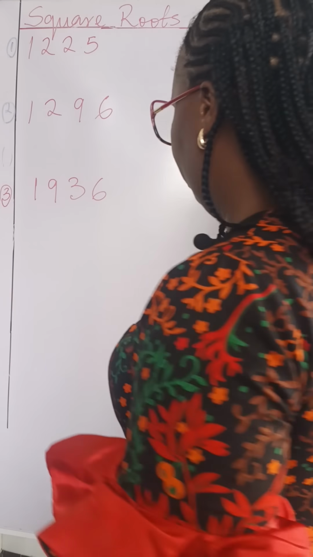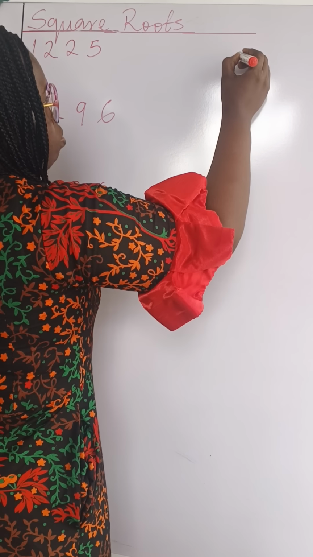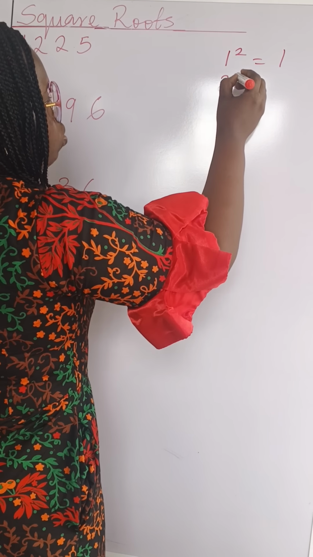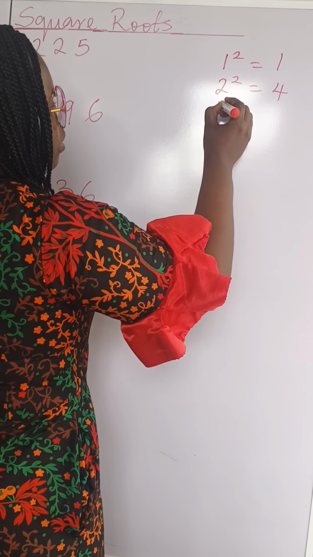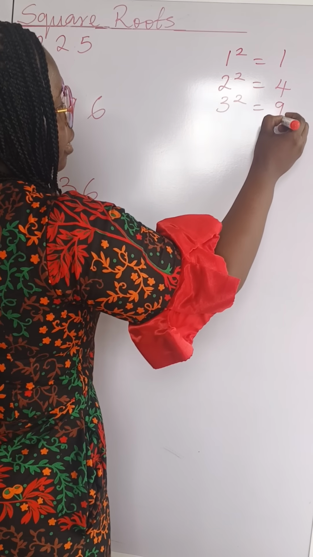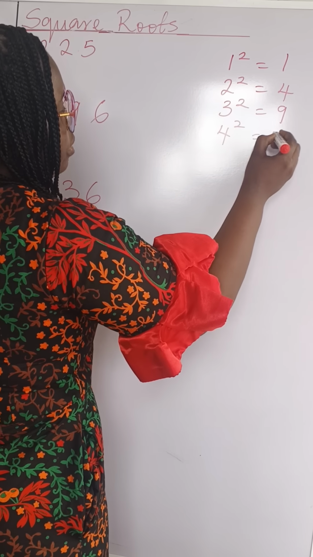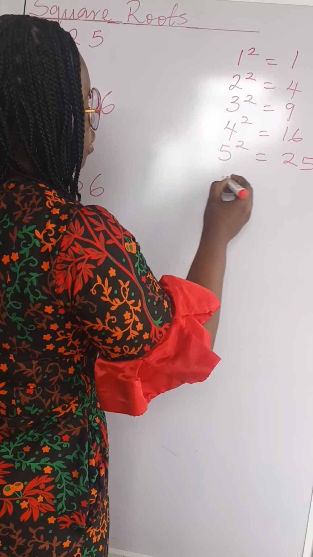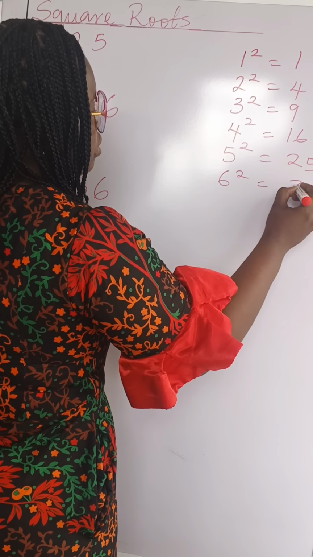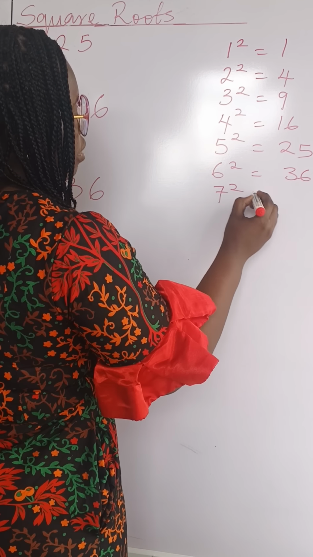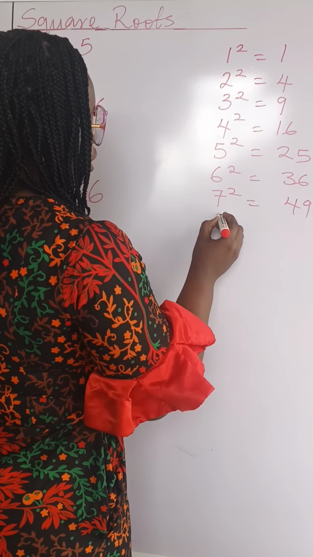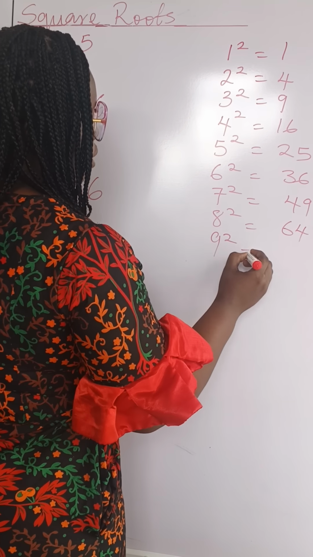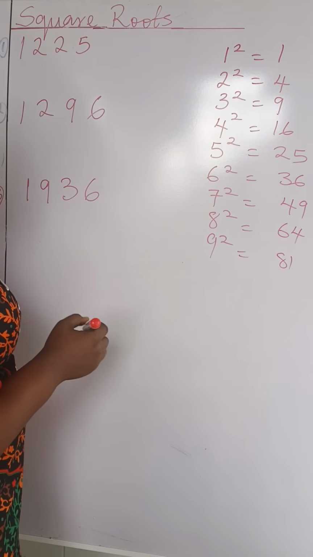Now we have here 1 squared, which is what? 1. 2 squared, 4. 3 squared, 9. 4 squared, 16. 5 squared, 25. 6 squared, 36. 7 squared, 49. 8 squared, 64. 9 squared, 81. Let's stop it at this place.